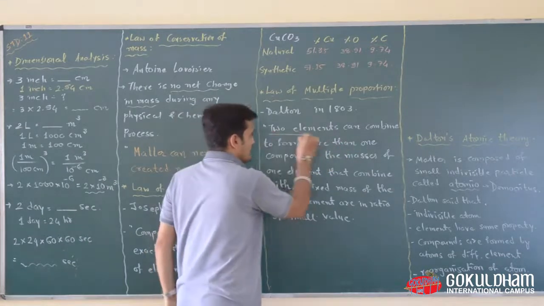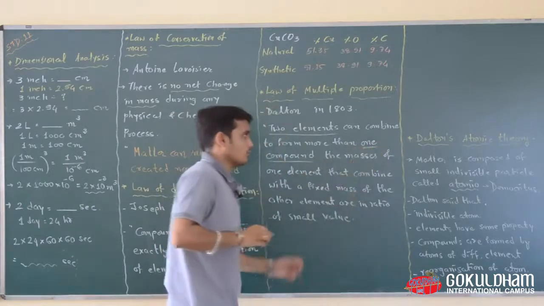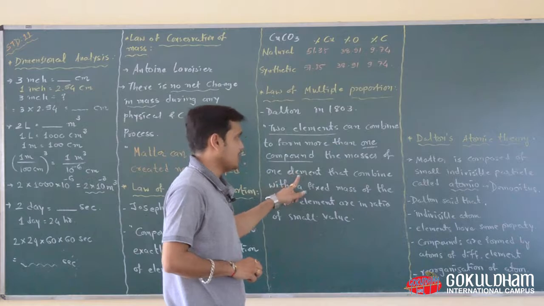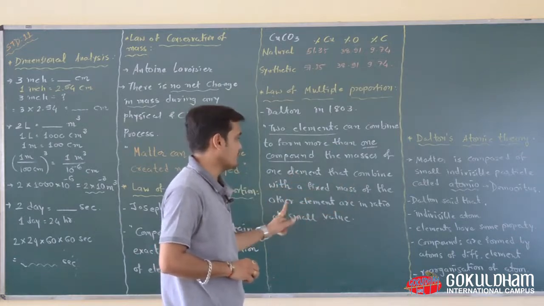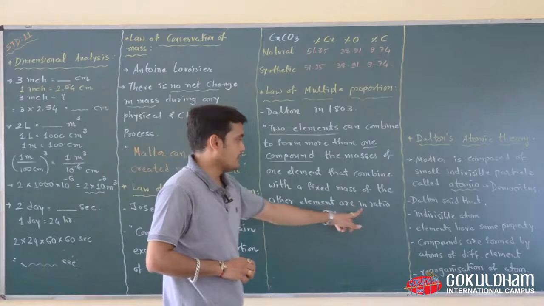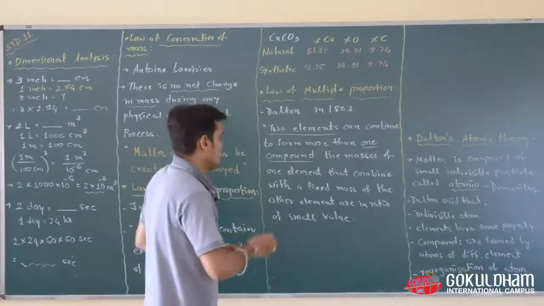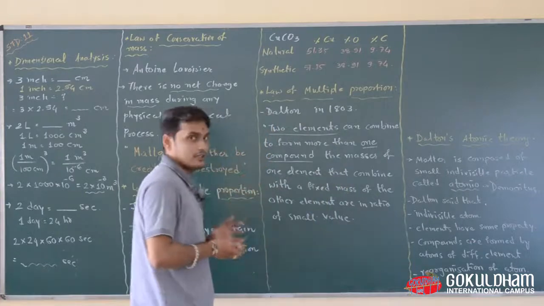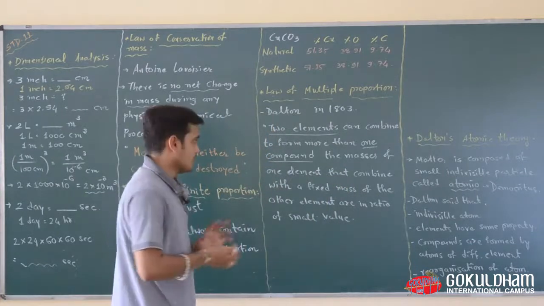The masses of one element that combine with a fixed mass of the other element are in a ratio of small whole numbers. I know you did not understand a single line of this law of Dalton.